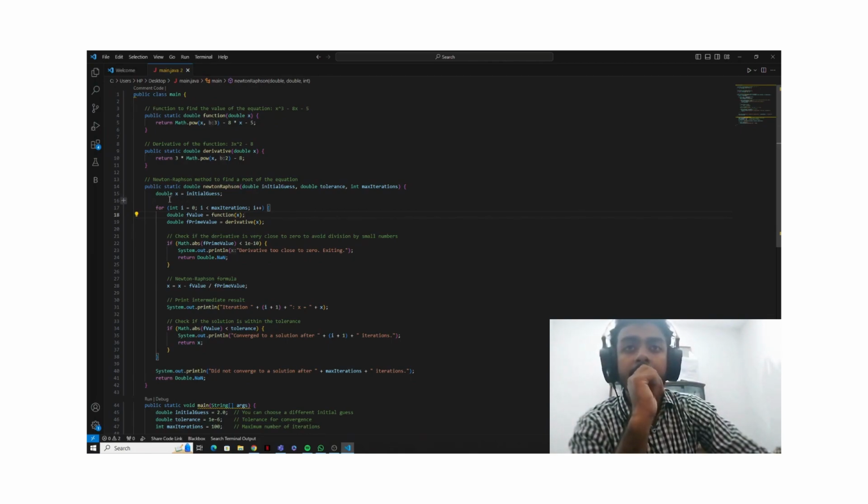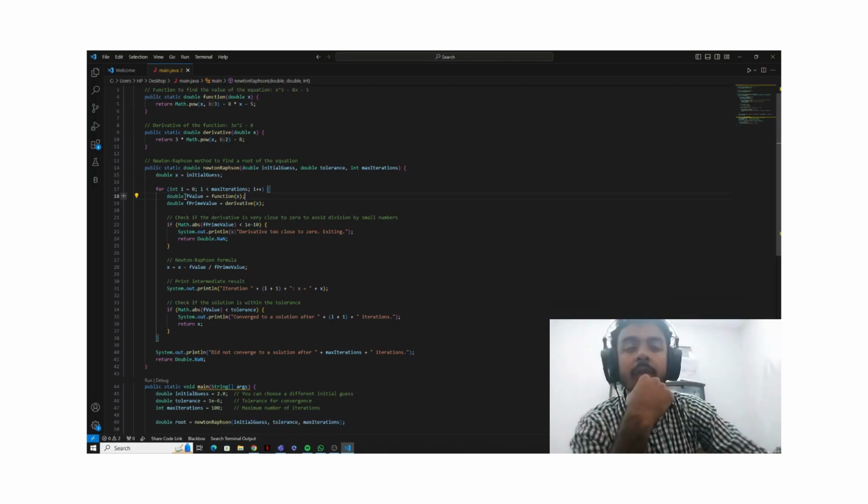So we initialize x as the initial guess, and then we use a loop for iterations. As you can see, we have int i is equal to 0, i less than max iterations, and i plus plus.